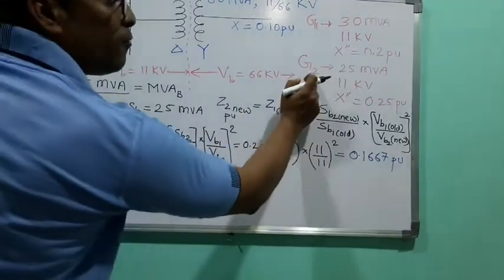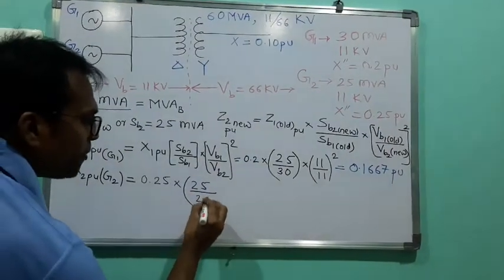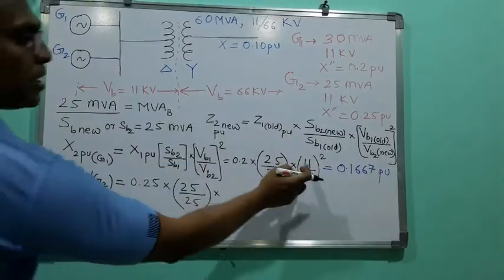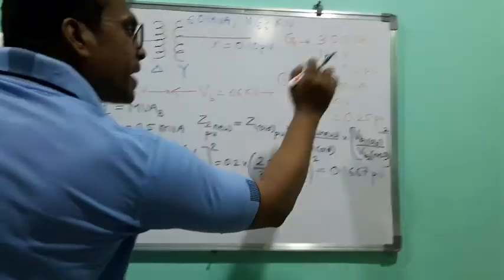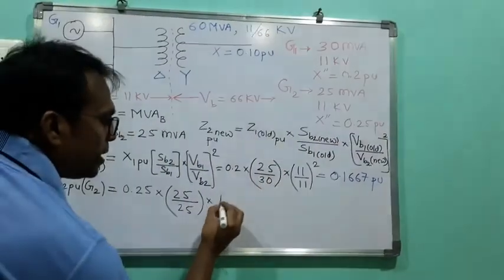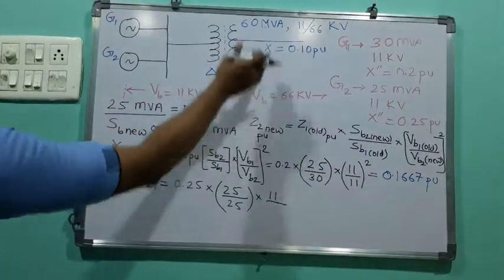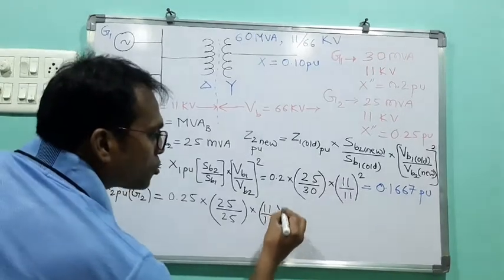SB1 for generator 2 is 25 MVA. Then VB1 is 11, and VB2 for the transformer is 11, so 11 by 11 whole square.